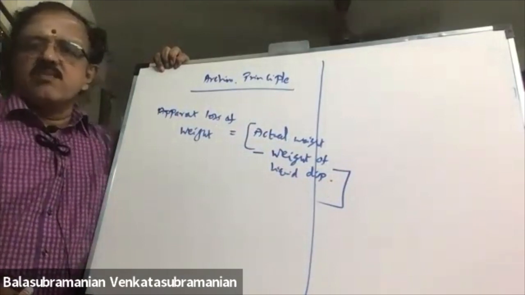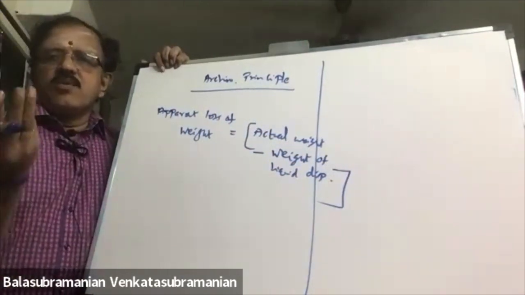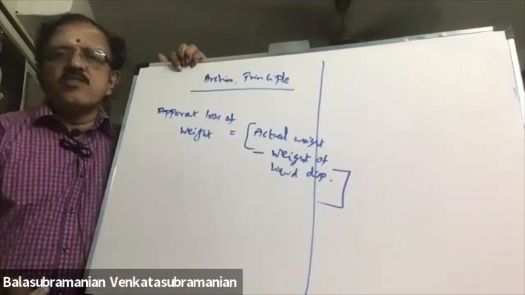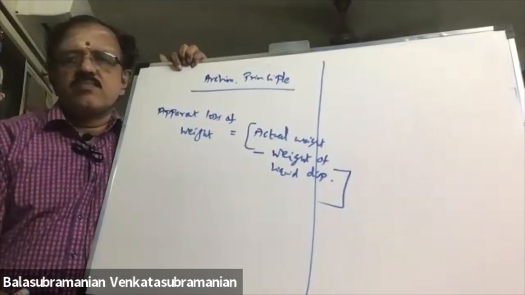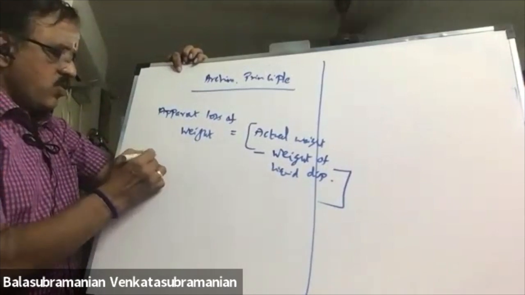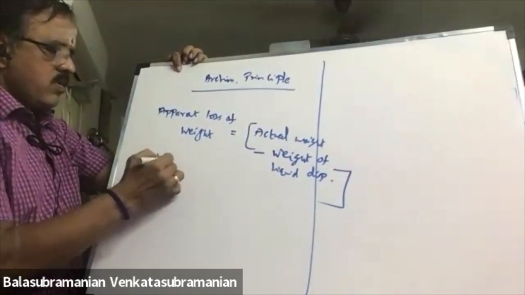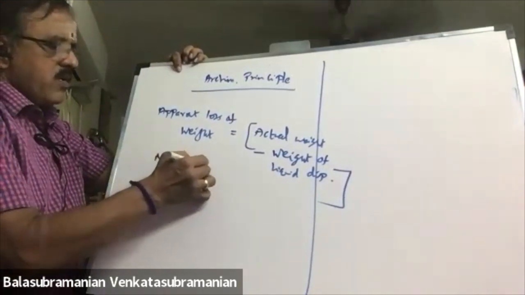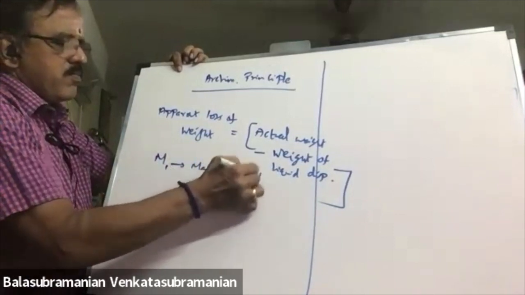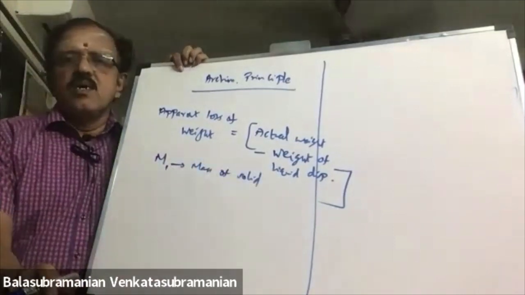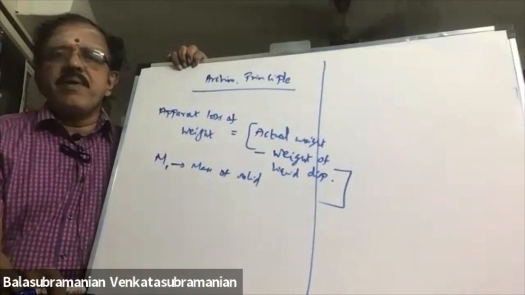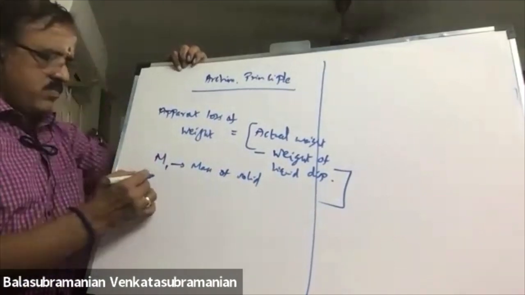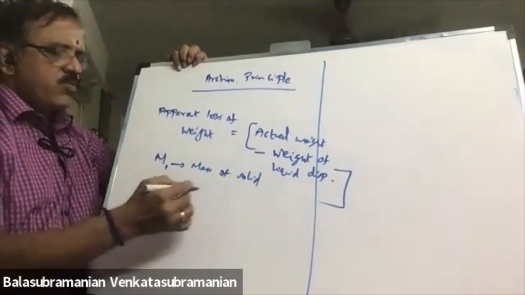How to calculate, sir? Sir, you take one small stone, calculate the mass of the stone. Mass of the stone, you take it as M1. Mass of solid. You take beaker of water, find the mass of the beaker with water, M2.